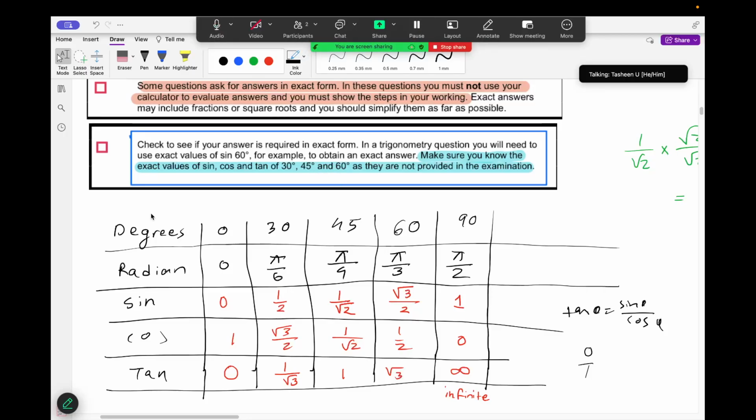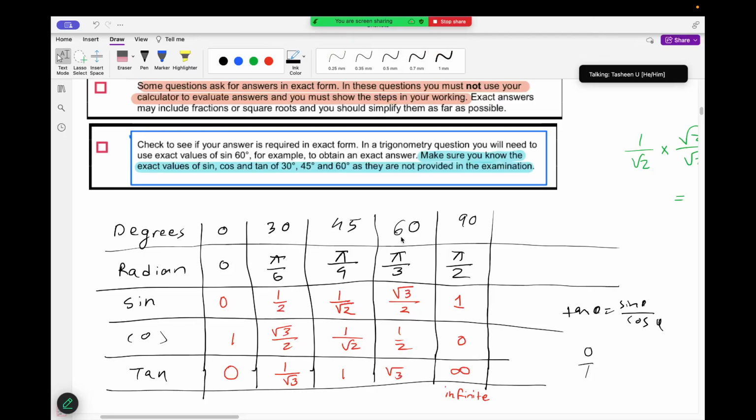Which means you have to memorize this table. Even though you have the calculator in your hand, since you're supposed to show your working, if you don't show your working, they will catch you. They will be able to know when you used the calculator and when you didn't.